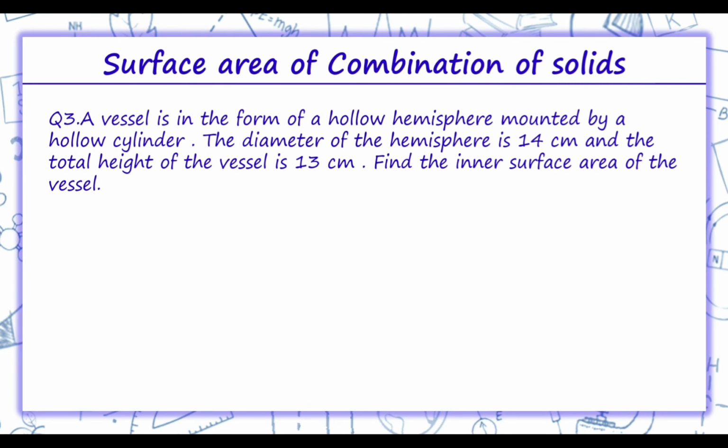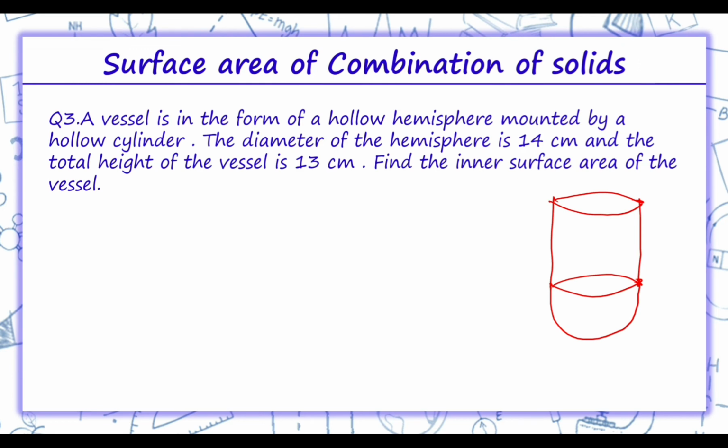Coming on to next question, over here we are provided with a vessel in the form of a hollow cylinder mounted by a hollow hemisphere. The diameter of hemisphere is 14 centimeter. Now this is a vessel which is a cylinder. It is mounted by a hemisphere.